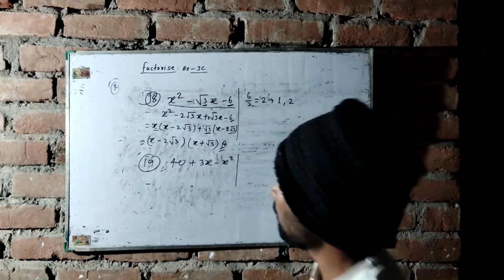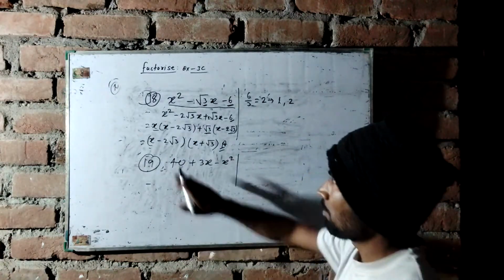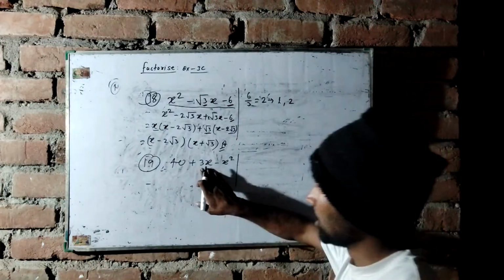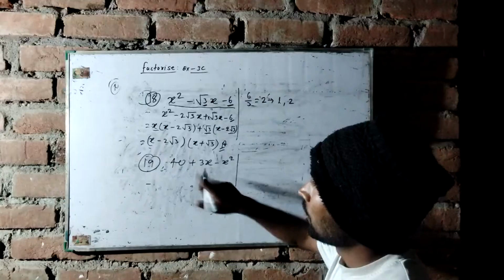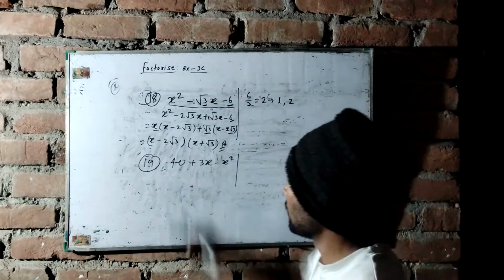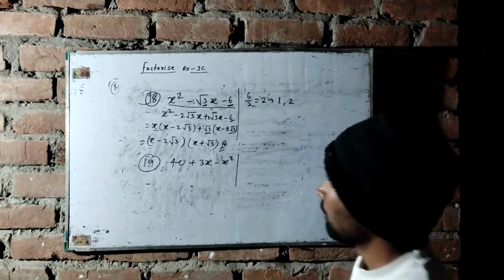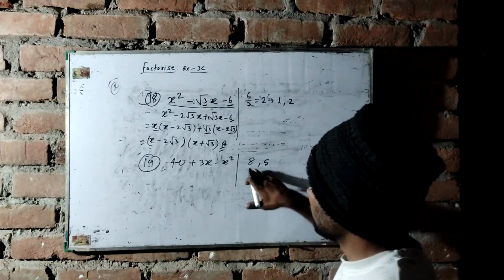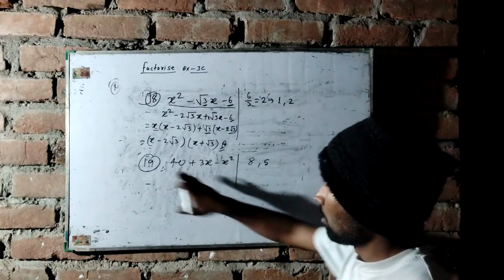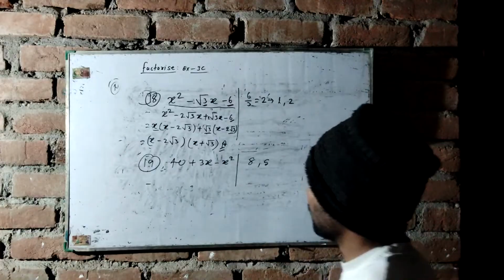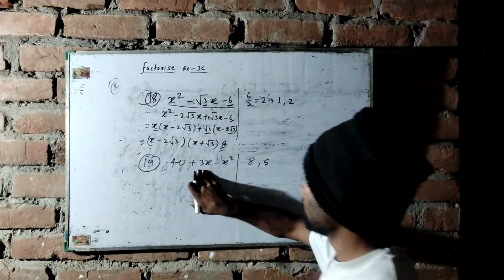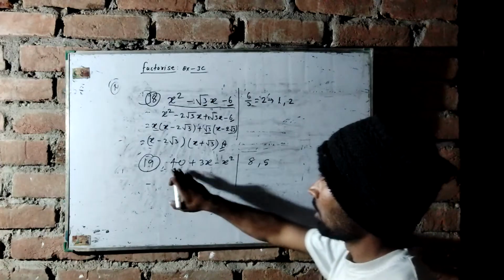Now we have to find two factors of 40 whose sum or difference will be 3x and their product will be 40. Okay, so we find 8 and 5. These are two factors of 40 whose difference will be plus 3 and their product will be plus 40.